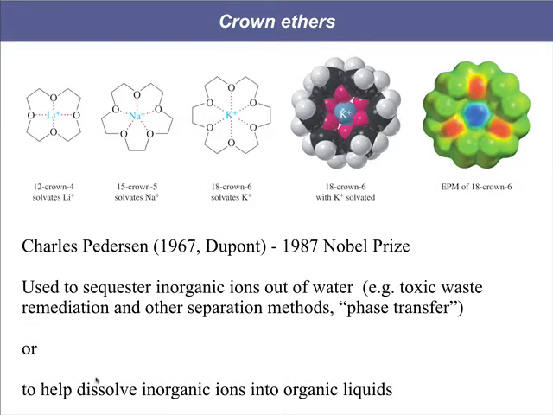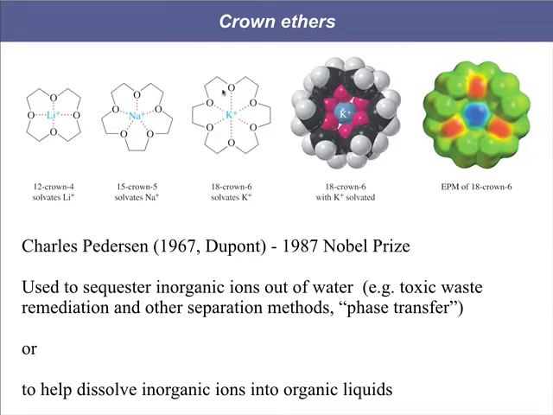You can also go the other direction. You can help dissolve inorganic ions into organic liquids. If you want to try to dissolve potassium ion into an organic liquid like hexane, it's not going to dissolve. If you try to make, say, sodium chloride dissolve in oil, it's not going to happen.